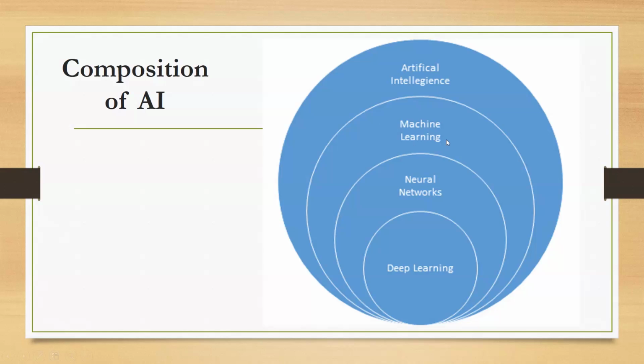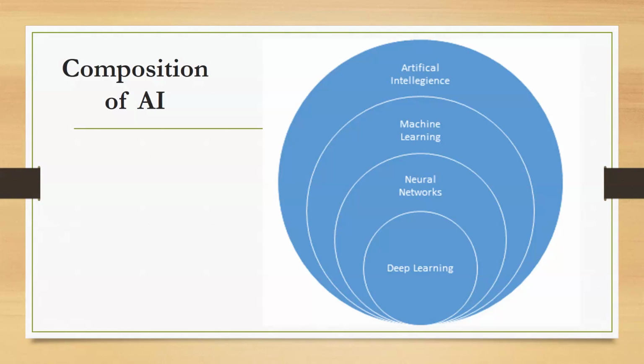Any system where humans are not thinking about the data, and computers are used to think about the data and act, respond, or deduce information automatically by learning, is the AI world.